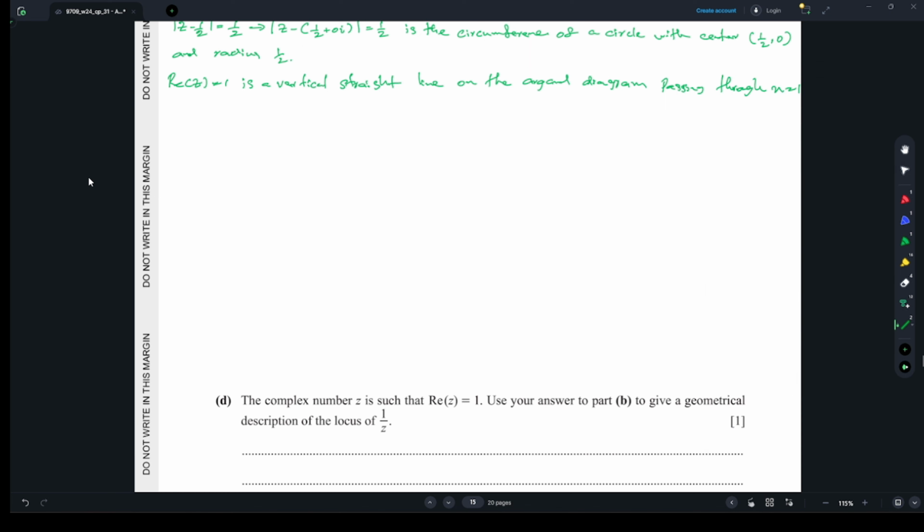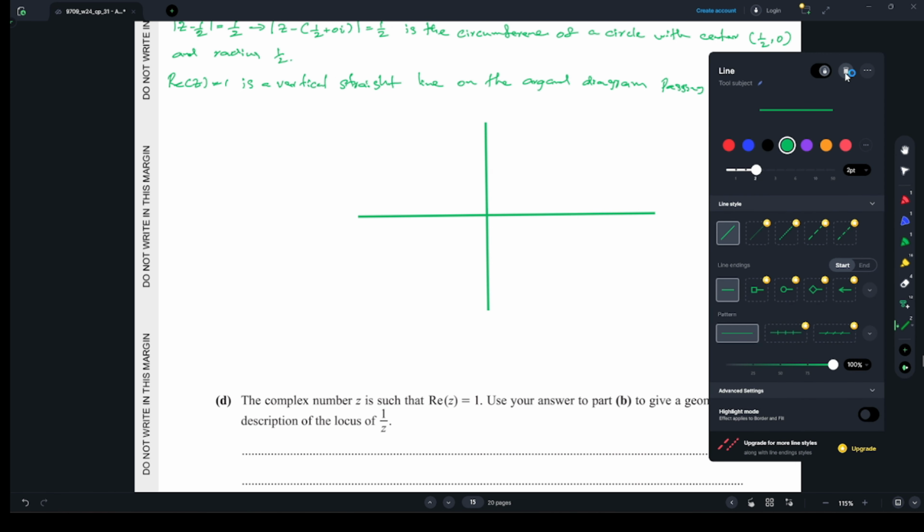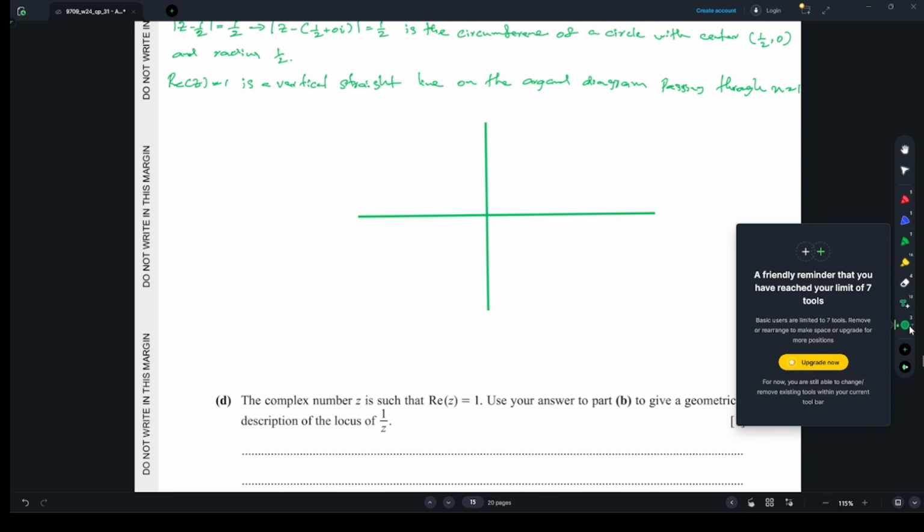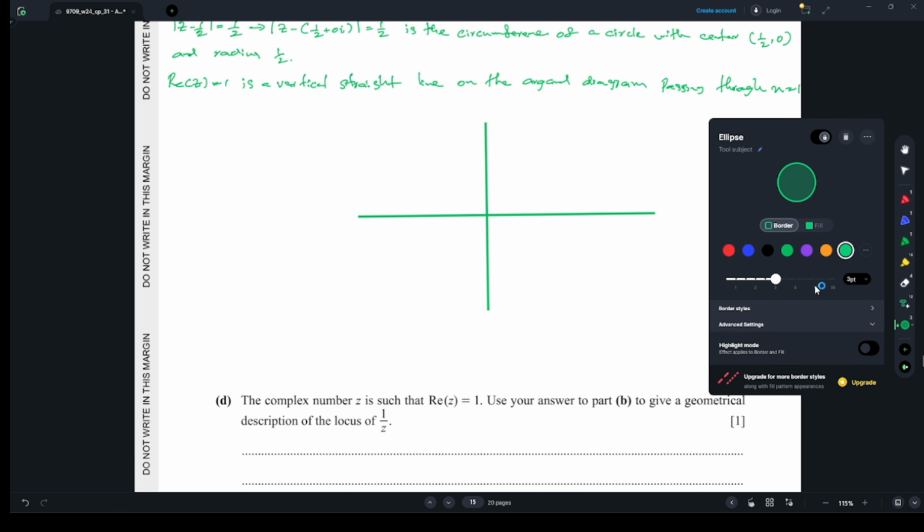Okay, so this one. We have to draw a circle now. We use a different color here.